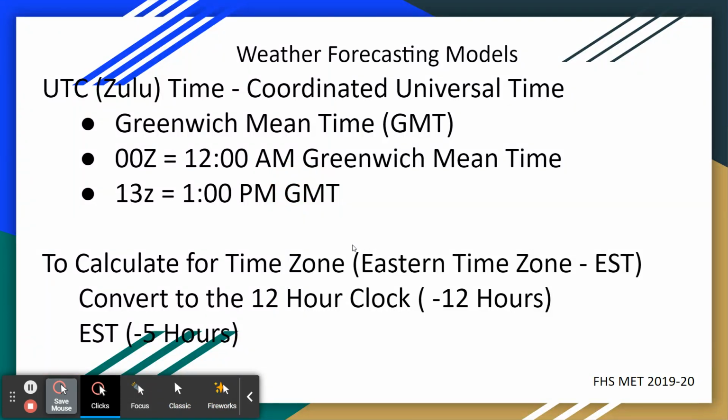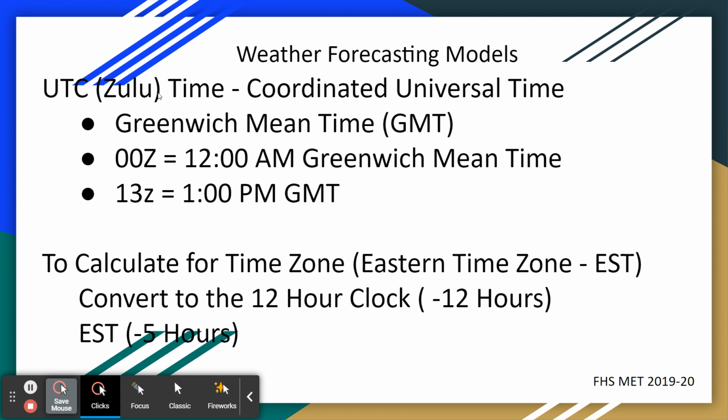Okay, so again, just to review, Zulu time is also referred to as UTC, also called Greenwich Mean Time or GMT. All of these are the same thing: UTC, Zulu time, GMT. We use Zulu time in meteorology because weather systems almost always move from a different part of the country or a different part of the world, so that we're all looking at the same, common time instead of the different time zones.